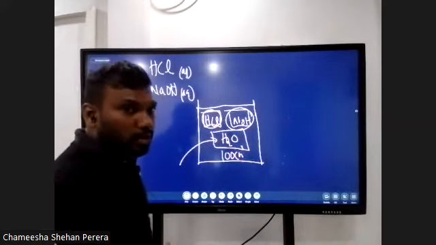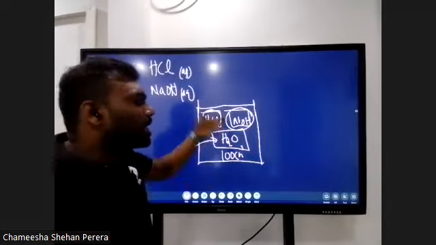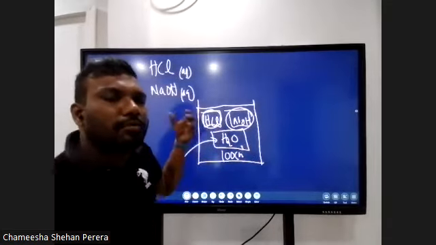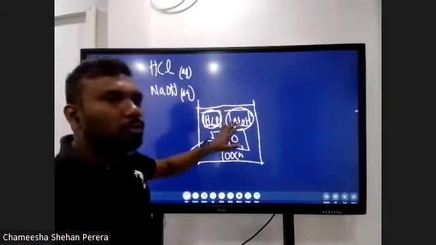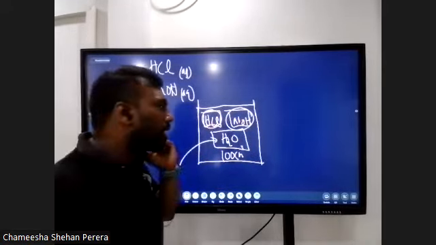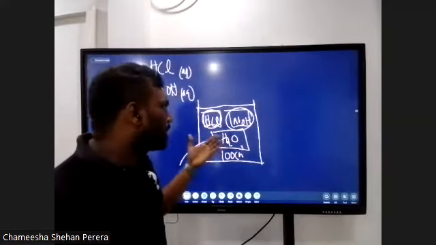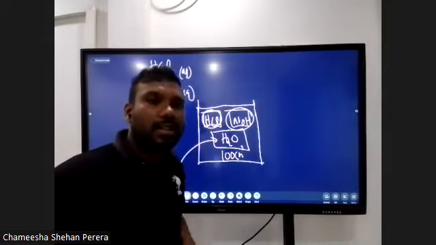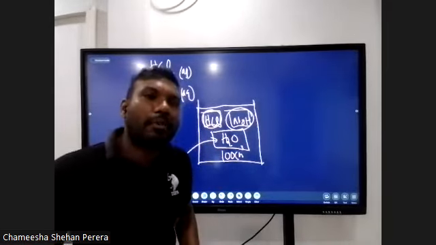It's not exactly true. The specific heat capacity of the final mixture has to be a different value, because it has water, HCl and NaOH, even though in small amounts. So it is not exactly 4,200 joules per kilogram per degree Celsius, which is the specific heat capacity of water.